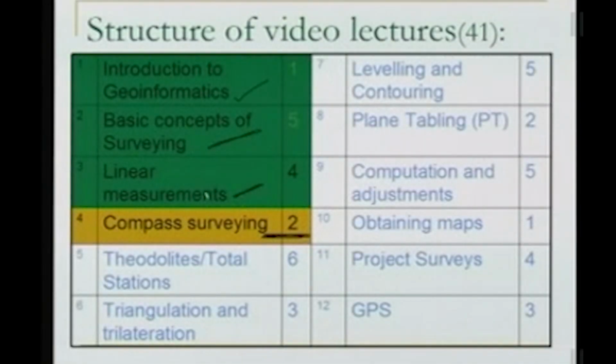Here in module number 3, it was about linear measurements. So what we saw in the case of linear measurements, we saw various methods by which we can measure the distances. We started with the chain and tape, and then we went to some modern techniques, for example the EDMI, the electronic distance measuring instrument.